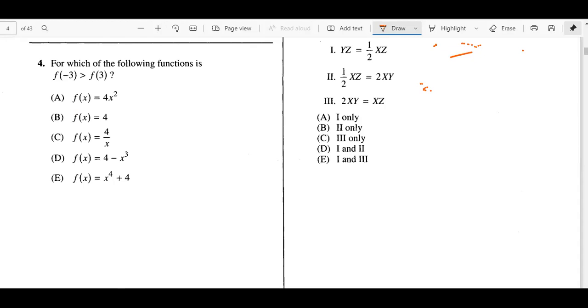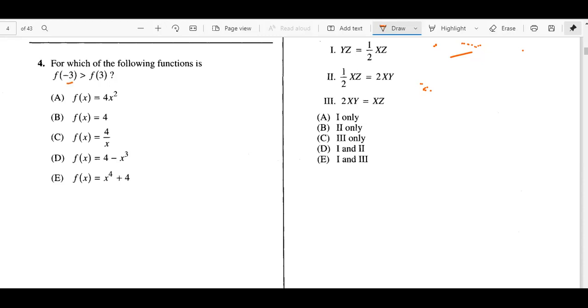Which of the following functions is f of minus 3 greater than f of 3? Now, f of minus 3 and f of 3 basically means that you have 5 choices for your function, and you basically need to use minus 3 and 3 instead of x.